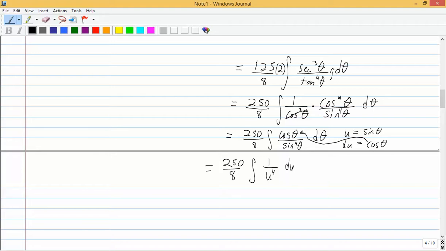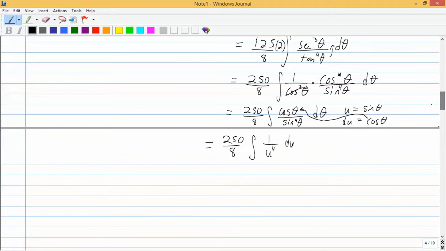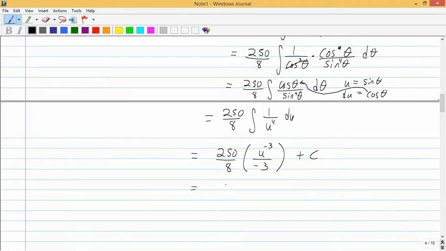Alright, so we're integrating u to the negative 4. So that's going to be, if that's u to the negative 4, add 1 to the power to be u to the negative 3 divided by negative 3. So this is all going to be negative 250 over 24 u to the 3rd plus c.